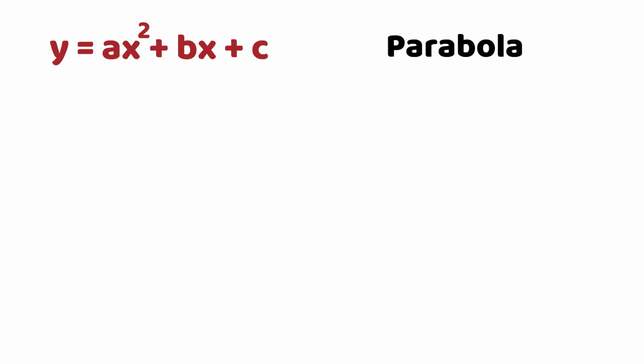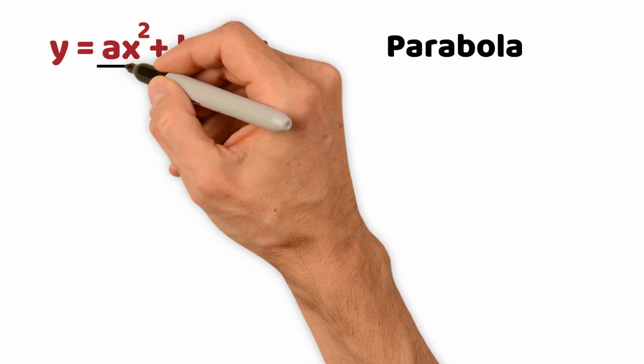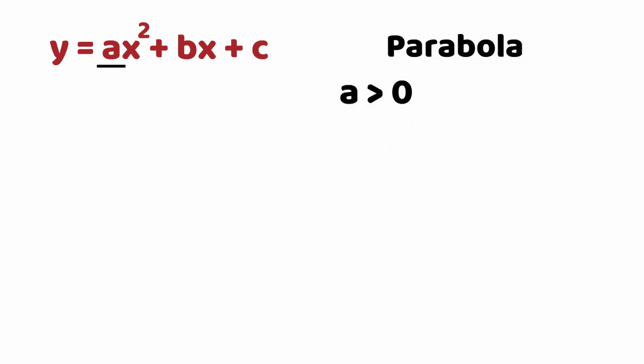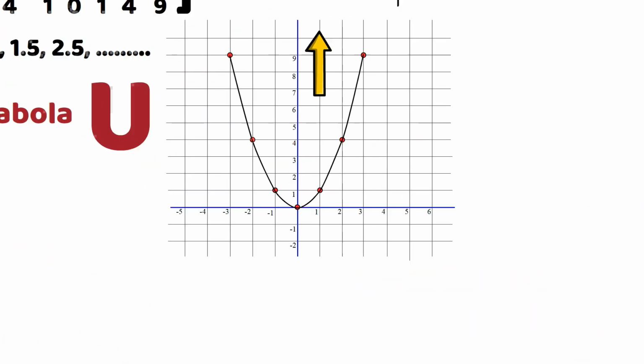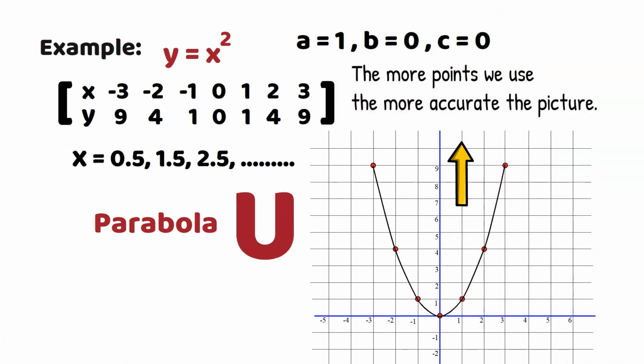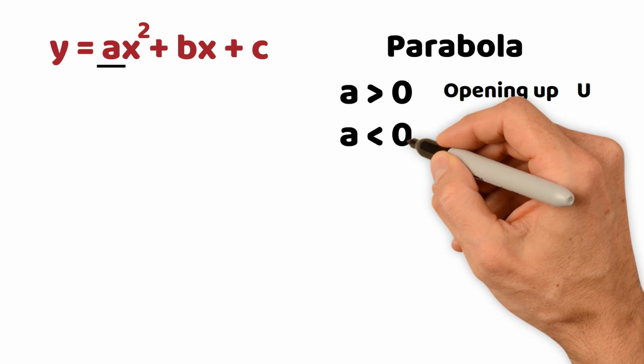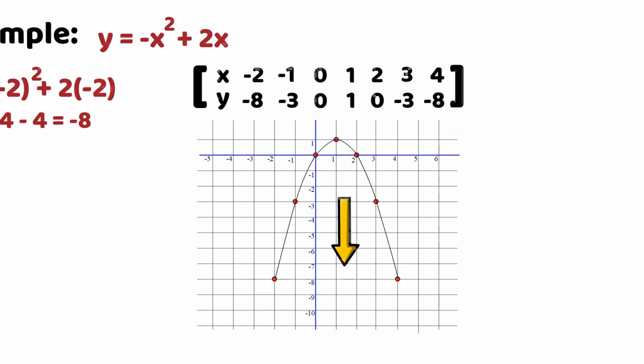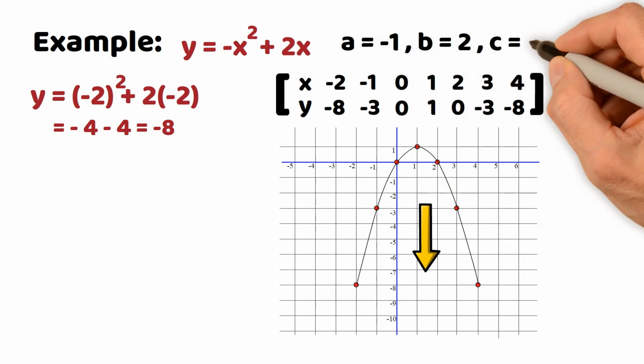Its shape is determined by the sign of the a, which is the coefficient of the x squared. If a is greater than 0, then the parabola will be opening up and has a U-shape, as in the first example, where a had a value of 1. If a is less than 0, then the parabola is opening down and has an upside-down U-shape, as in the second example where a was negative 1.